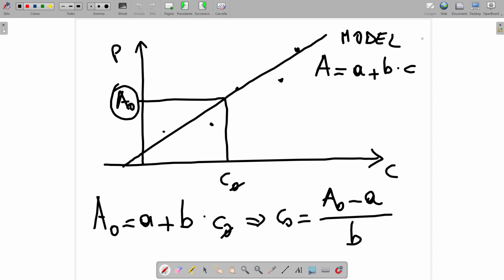And this value is a point of the straight line exactly in the average, in the middle. So this green point has the ordinate equal to A average.